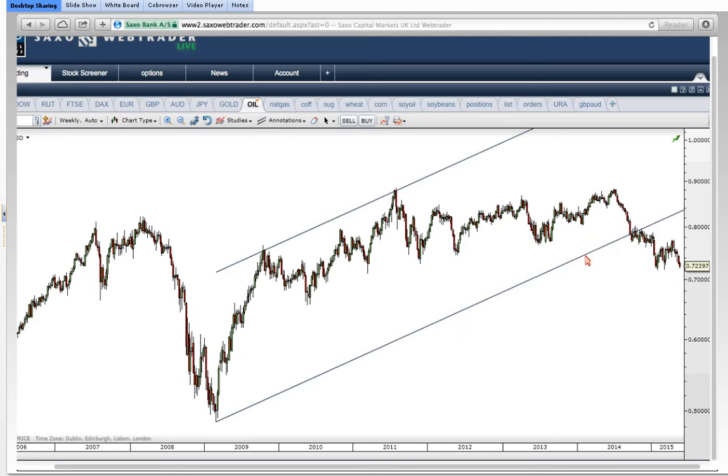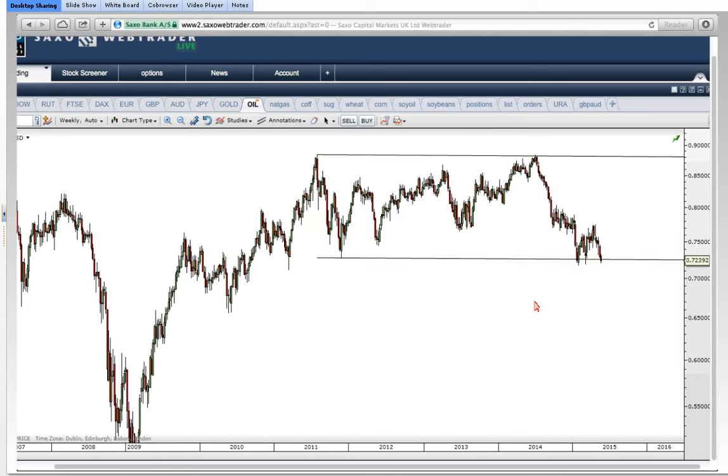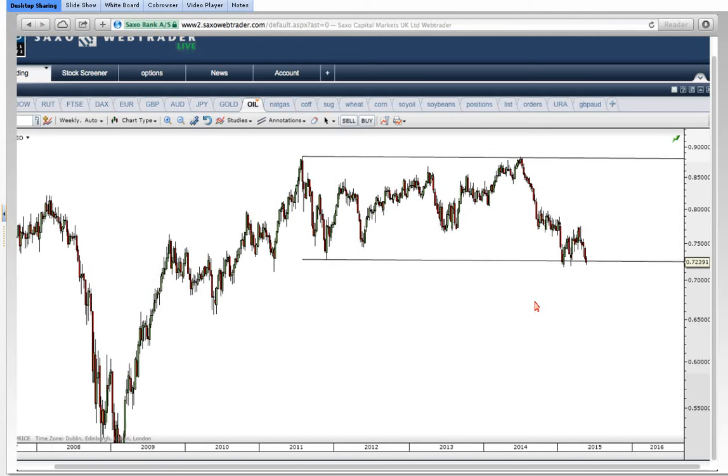Okay, so the bottom band was hit for the 4th time this week. So it's very shaky for the New Zealand dollar. Not good news. I would say it looks not very good.